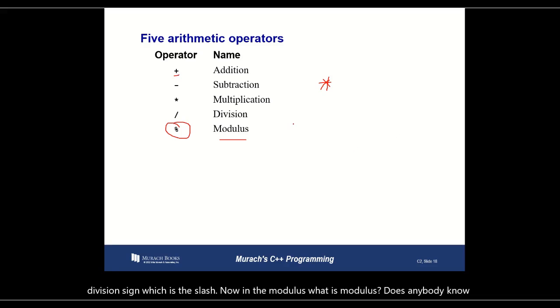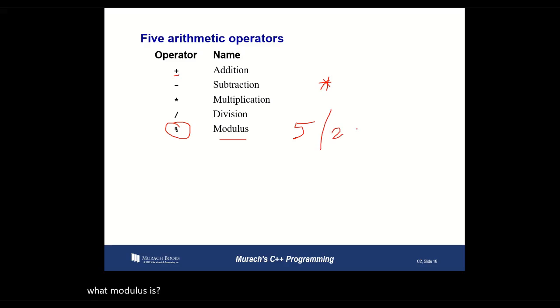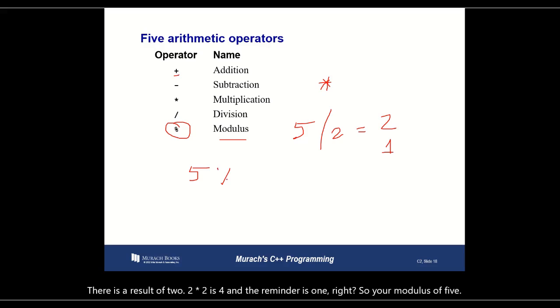So let's say 5 divided by 2. What's the value? The result is 2. 2 times 2 is 4, and the remainder is 1, right? So 5 modulus 2 is 1.